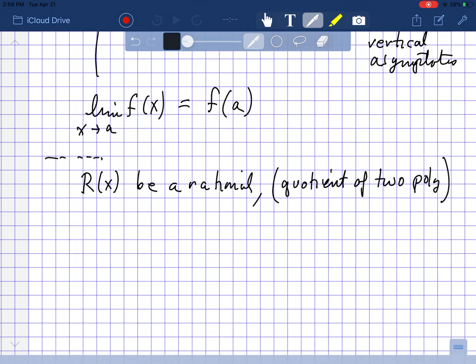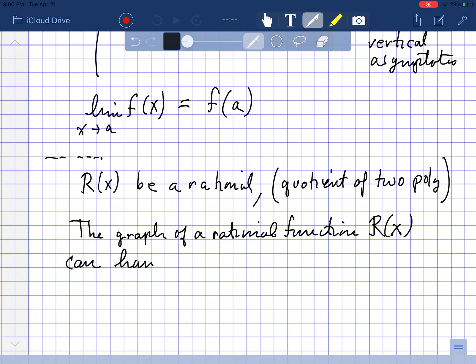Now, what you found when you studied rational functions was that their graphs can have vertical asymptotes. So the graph of a rational function, r of x, can have vertical asymptotes.